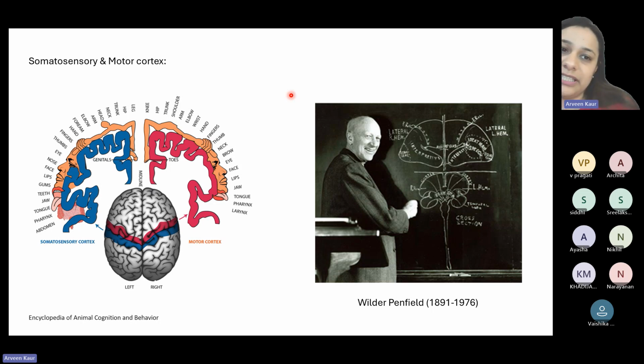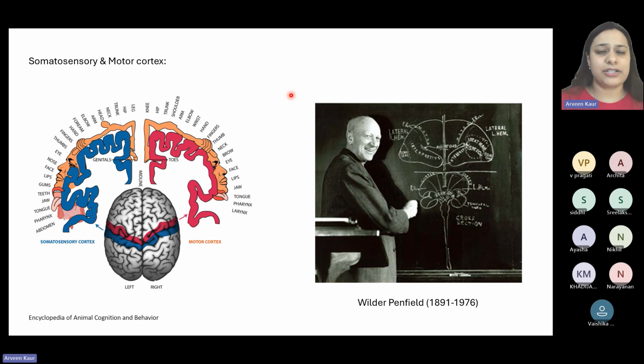And which areas are mapped to the motor and somatosensory cortex was determined based on the works of this Canadian American doctor known as Wilder Penfield, who was working with a lot of epileptic patients. Whenever there was a lobectomy, he would have this cranial window in the skull of those people.